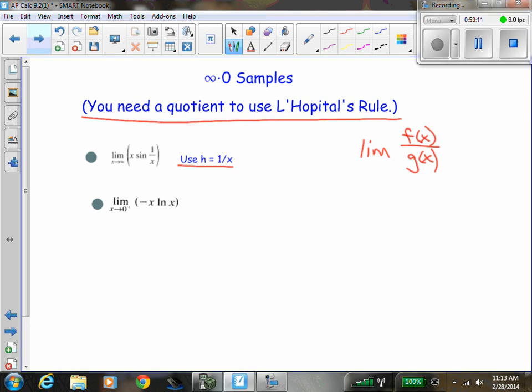If I were to let h be equal to 1 over x, if I solve this for x, I would get x is equal to 1 over h. And so I could write this. I could write the limit. Now, down here it says x approaches infinity. Well, if I'm going to change this thing to h's, then I would get 1 over h approaches infinity. And then here, I would get 1 over h, and then sine of h.